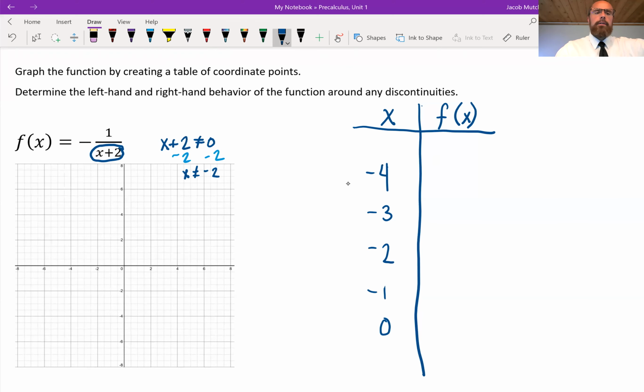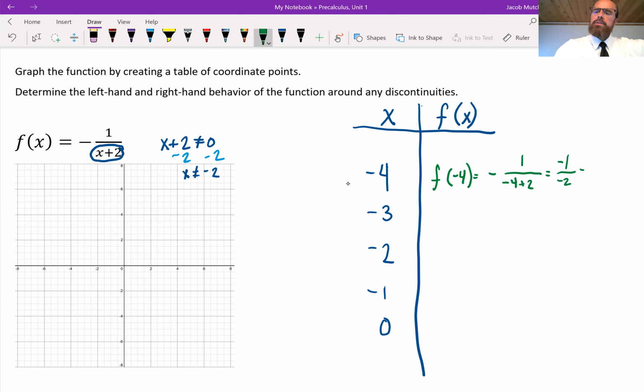Now I want to calculate the output. So we're going to take that function f at -4, and all I'm doing is substituting -4 for any x value. So it's -1 over -4 plus 2. So this becomes, if I put that negative on the numerator, -1 over -4 plus 2 is -2.